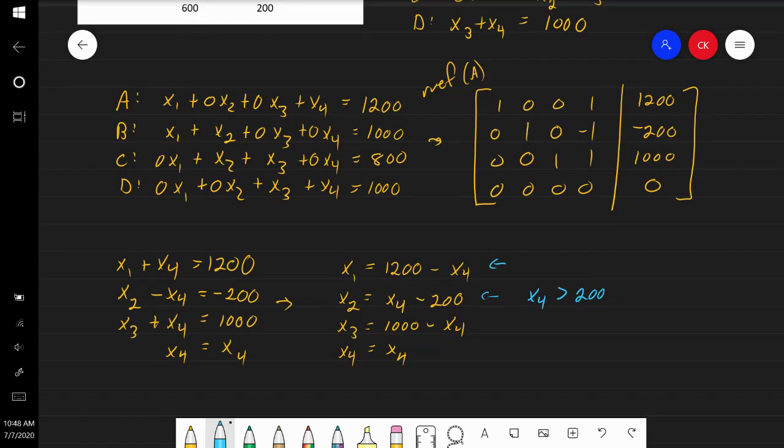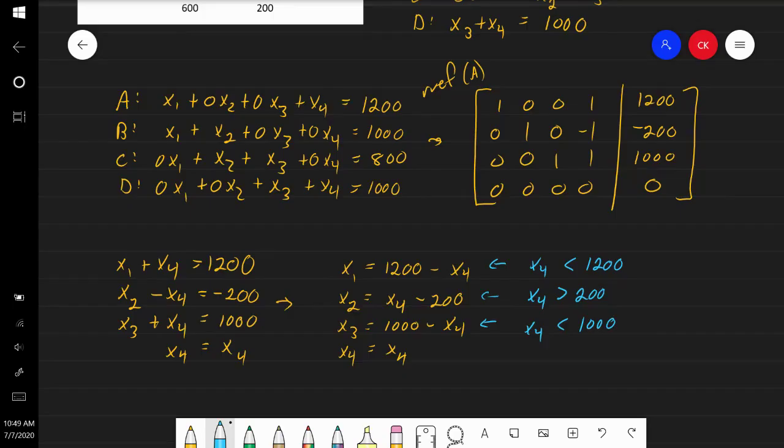And if we look at x1, if I take x4 to be too big, in other words, the carrying capacity for that 4th street is too large, again, we get a negative traffic flow. So this says that x4 has to be less than 1200. And x3 is giving us a similar statement. There, x4 has to be less than 1000. Otherwise, again, we get that negative flow.